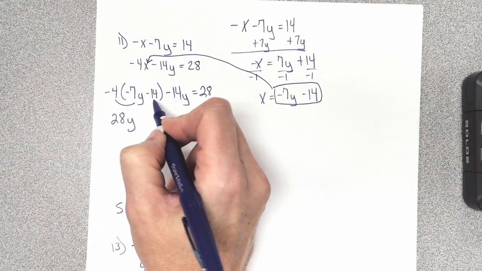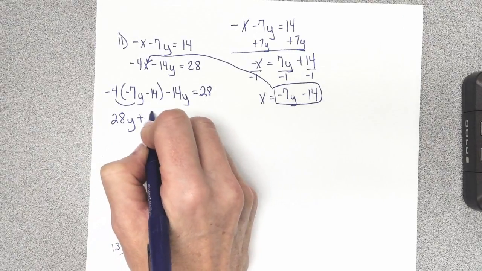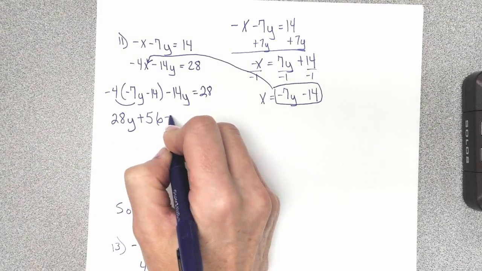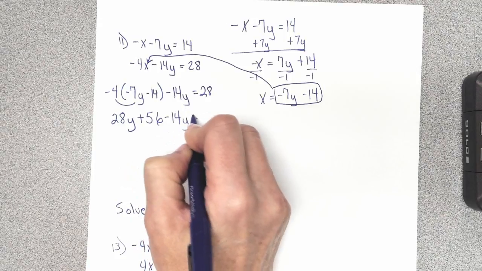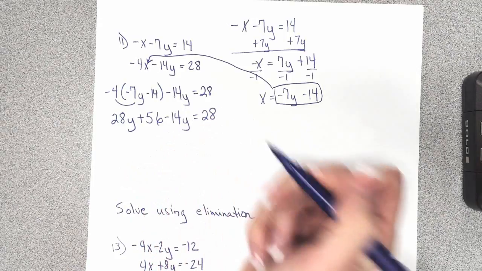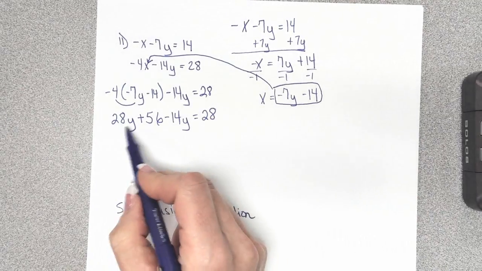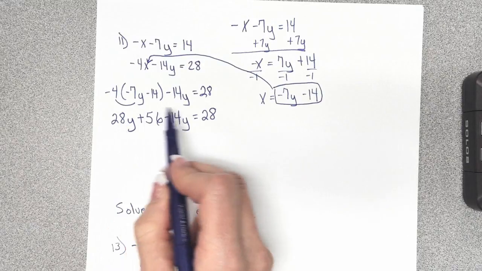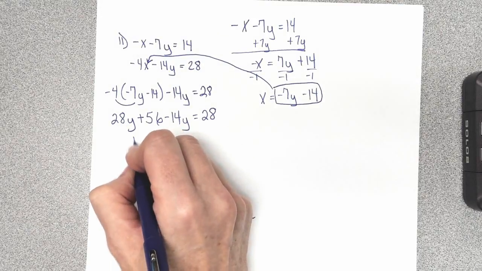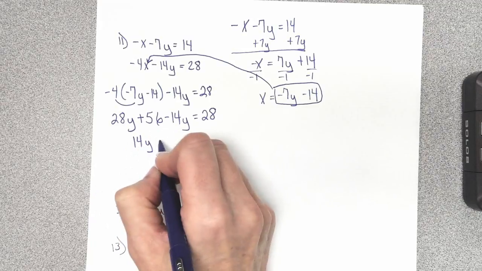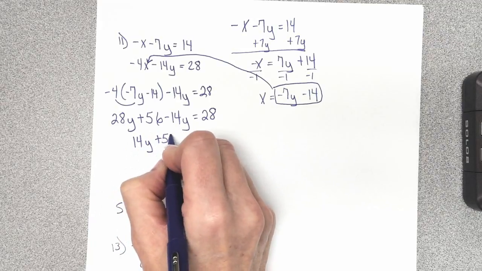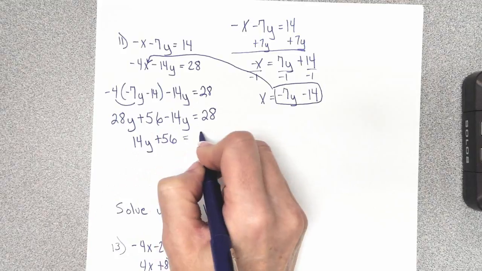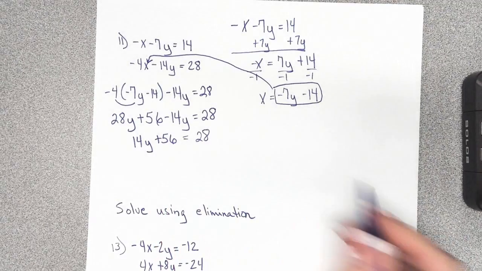Negative 4 times negative 14 is positive 56 minus 14y equals 28. Combine like terms. 28y minus 14y is 14y plus 56 equals 28.